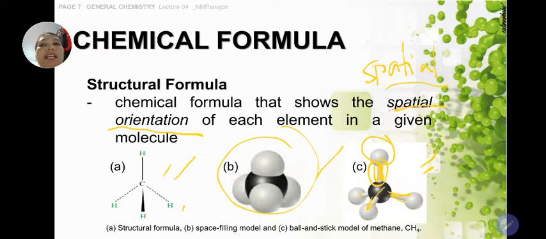Katulad dito sa ball and stick. Ball and stick model have the advantage of accurately representing the angles at which the atoms are attached to one another in the molecule kasi pinapakita niya yung mga bonds ng atoms sa isang compound. Okay?